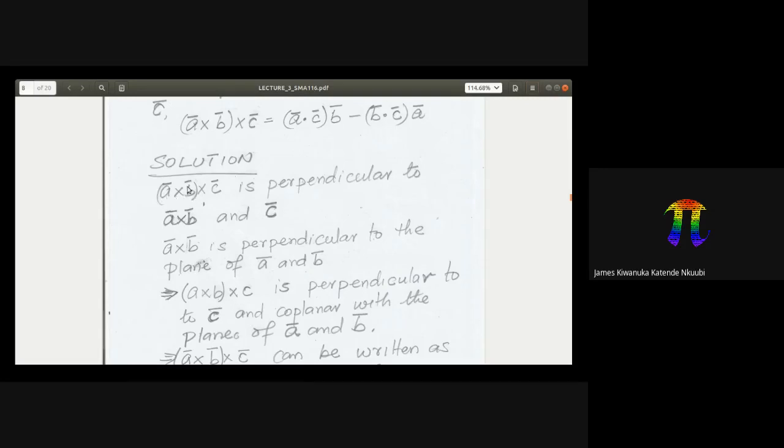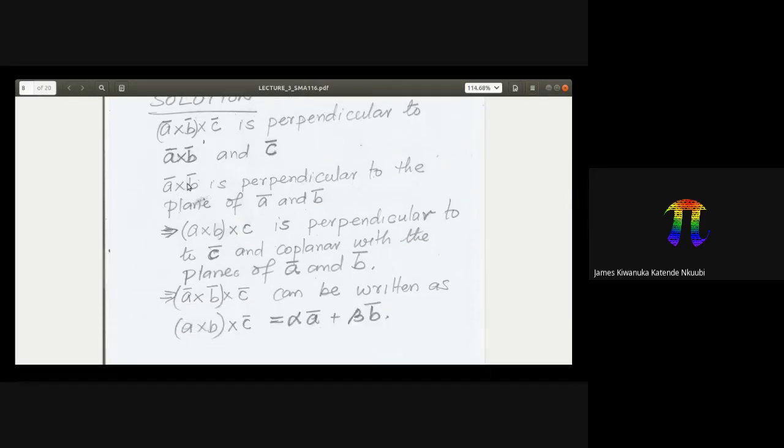So A cross B cross C is a cross product of two vectors in the following sense. The first vector is A cross B, and the second vector is C. And when we get a cross product of two vectors, the result should be perpendicular to both vectors. So this whole result must be perpendicular to A cross B and to C as well.